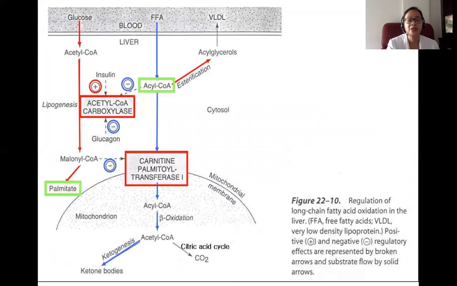So again, showing you this, the role of insulin in our fatty acid synthesis. The one that's plus there, therefore, insulin promotes the formation of your acetyl coenzyme A, thereby increasing the rate of your fatty acid synthesis.